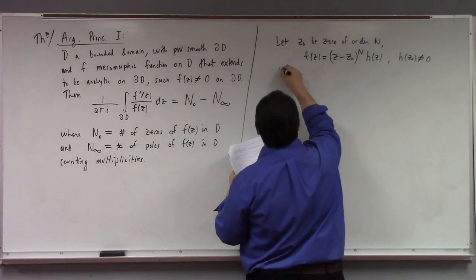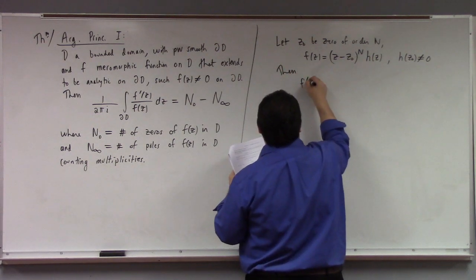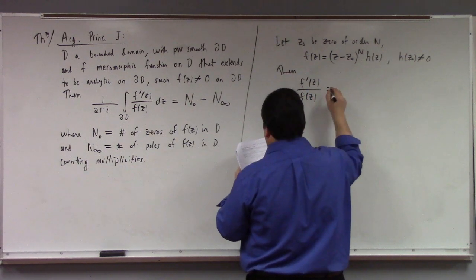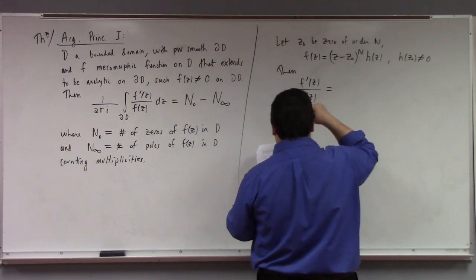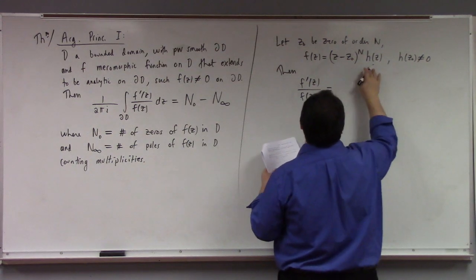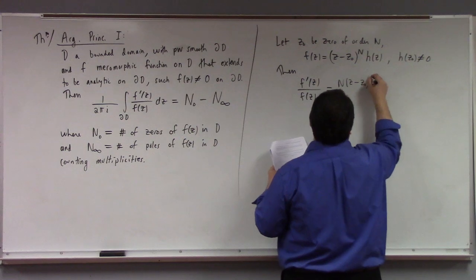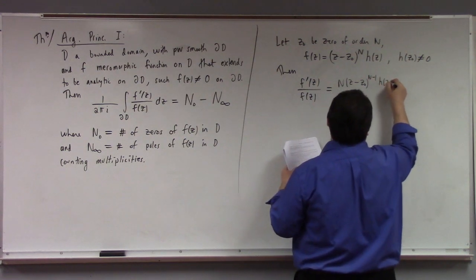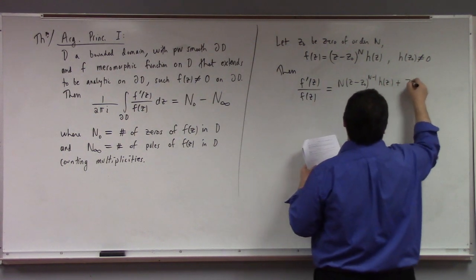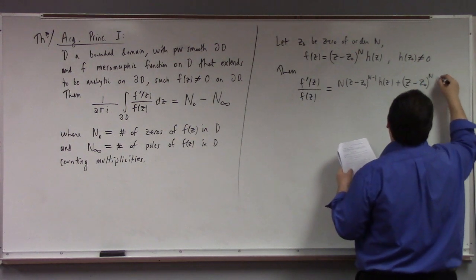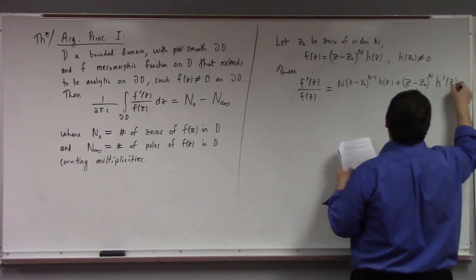So then f prime of z over f of z is equal to, well, if we differentiate this, we get n times z minus z naught to the n minus 1, h of z, plus z minus z naught to the power n times h prime of z. I did the product rule, yeah?